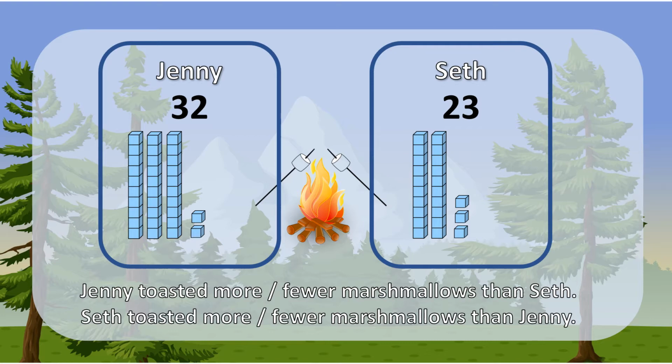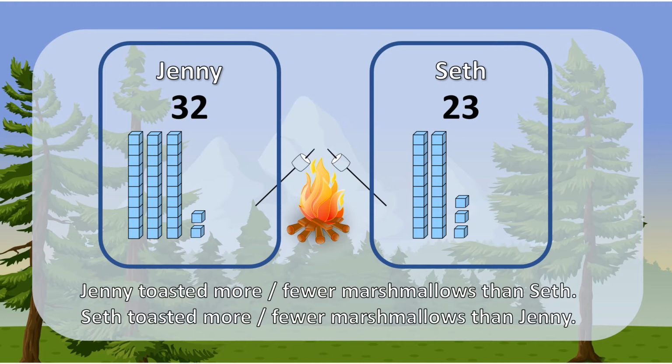When we're comparing two-digit numbers like these, we start by looking at the value of the tens place. We compare the tens place because it has greater value than the ones place. Jenny has 3 tens, Seth has 2 tens.